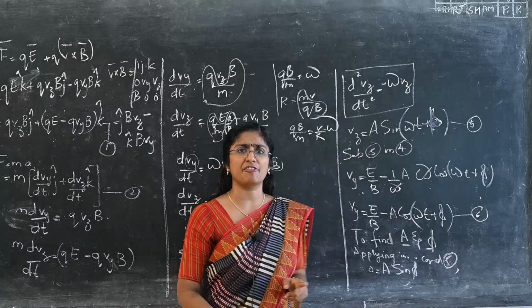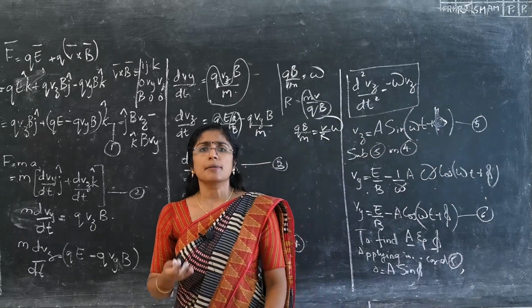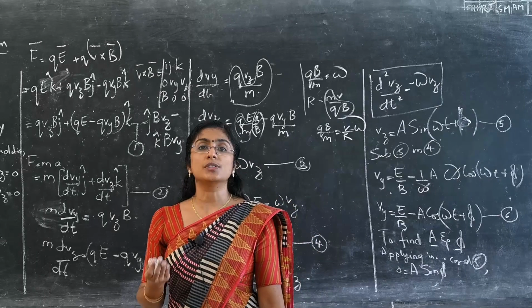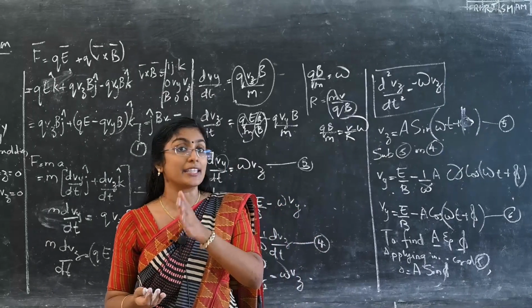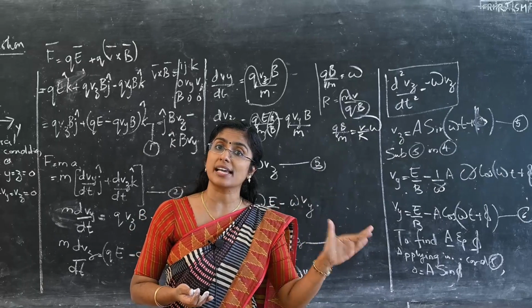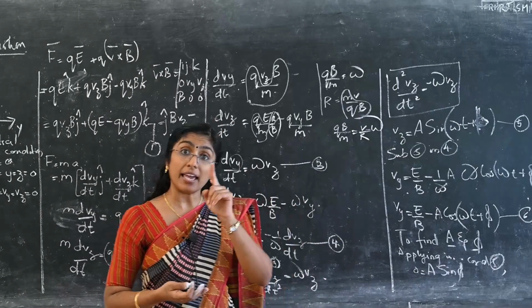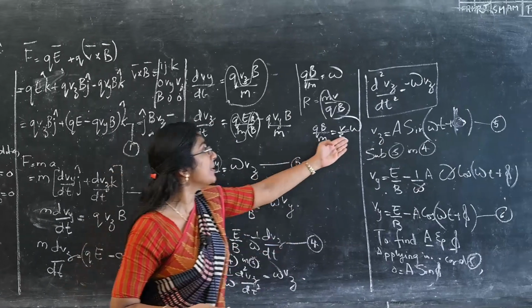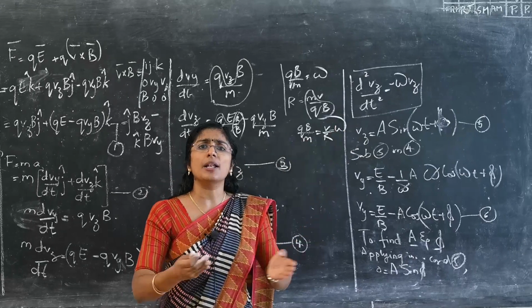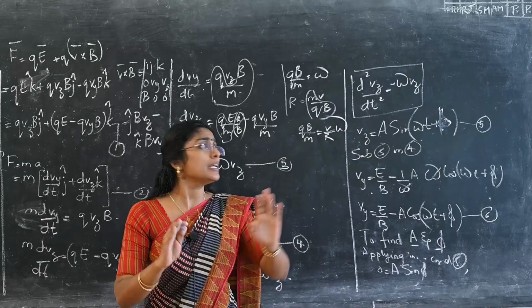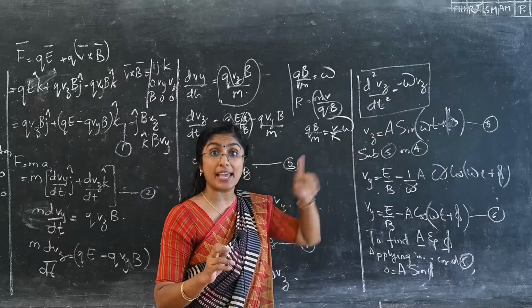What is the meaning of this? The product of two terms equal to 0 means either A should be equal to 0 or sin phi must be equal to 0. If A is equal to 0, my Vz will be equal to 0 at all times.